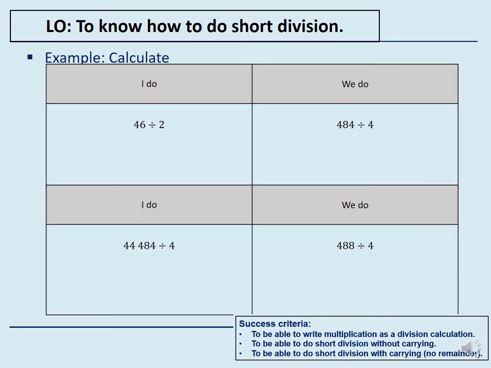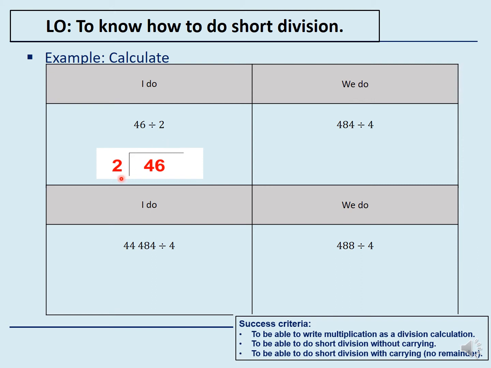Now let's see how we can do short division. We call this the bus stop method as well. The way I write this division as a bus stop method, I write 46 divided by 2. I call this number here the dividend, and I call this number here the divisor, and the answer goes up there.